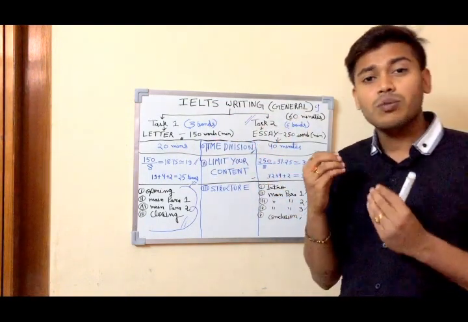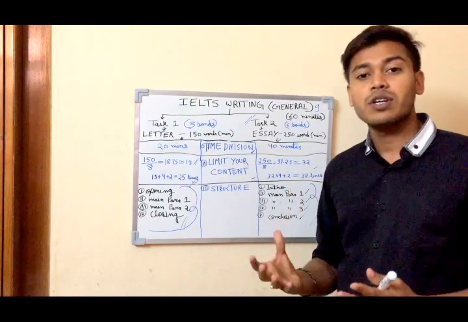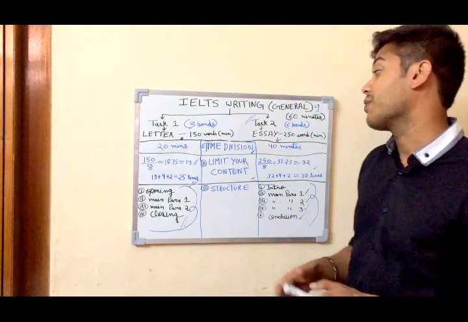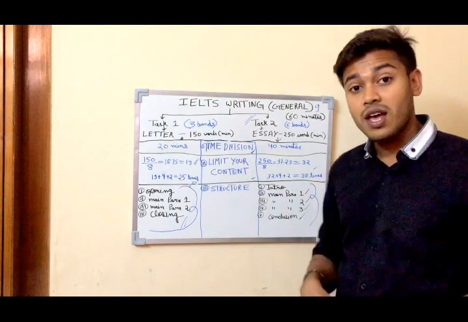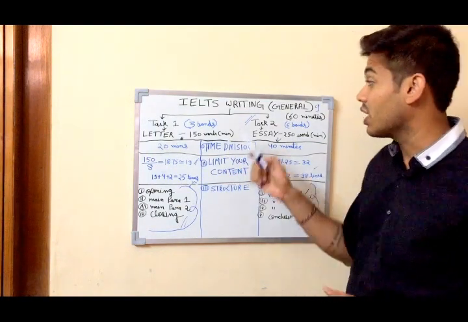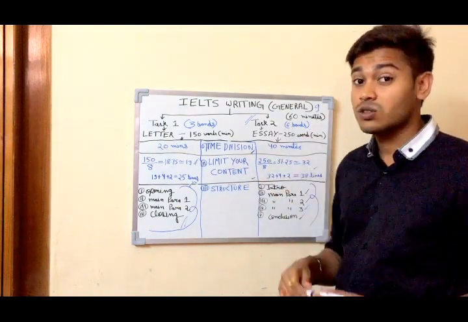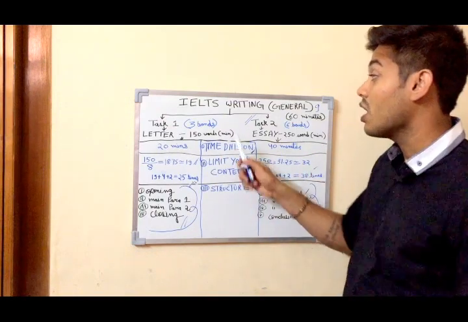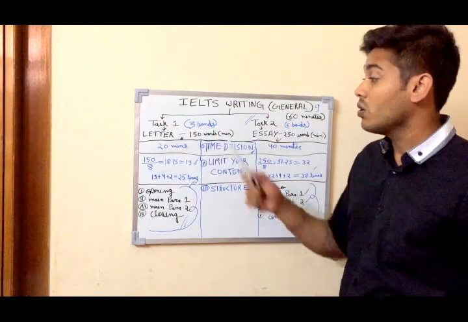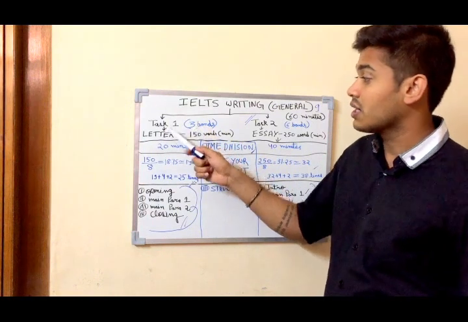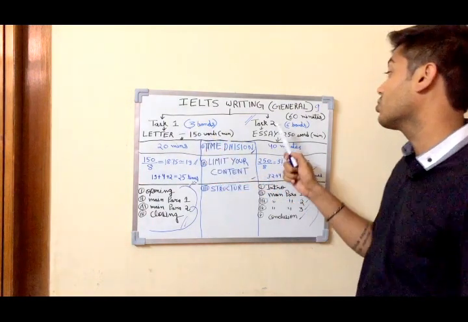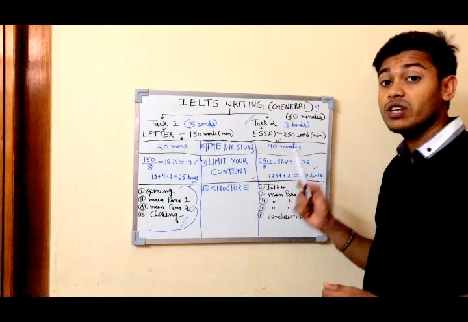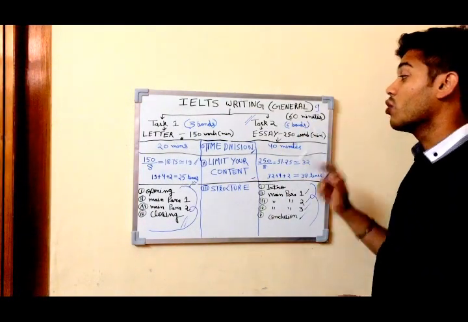So the first very important tip is to manage your time. That is time division. As you guys know, you are given just 1 hour to complete these two tasks. So you need to divide time according to the band weightage. Task 1 has a weightage of 3 bands and task 2 has a weightage of 6 bands. So obviously task 2 would require more time.